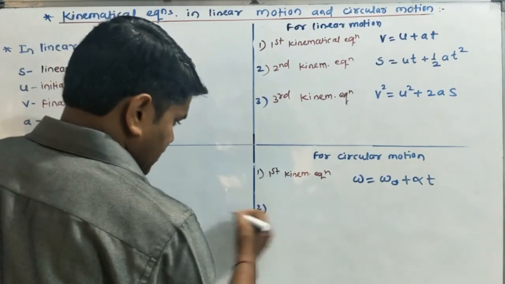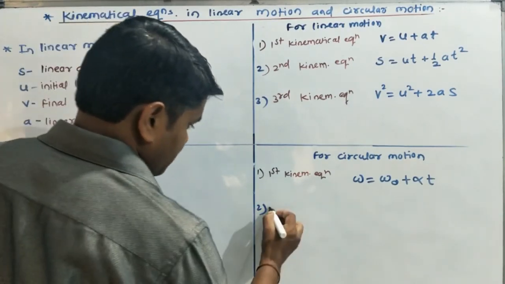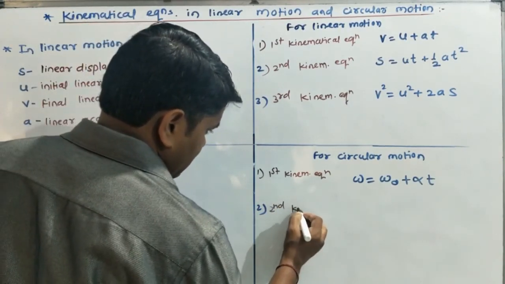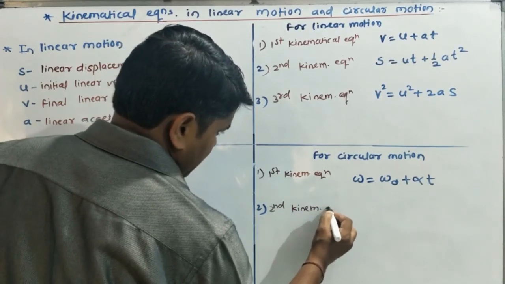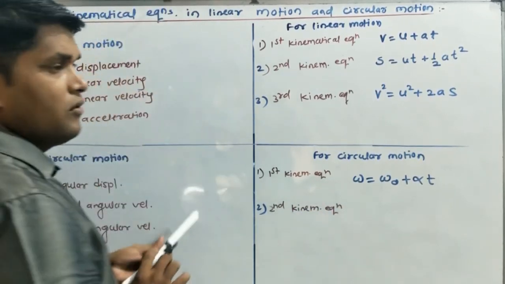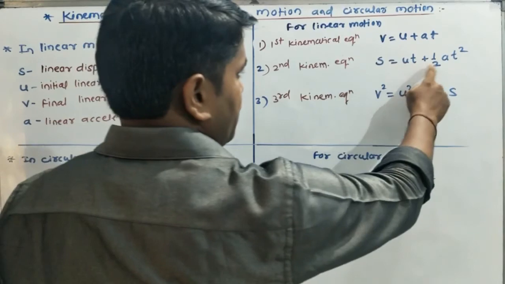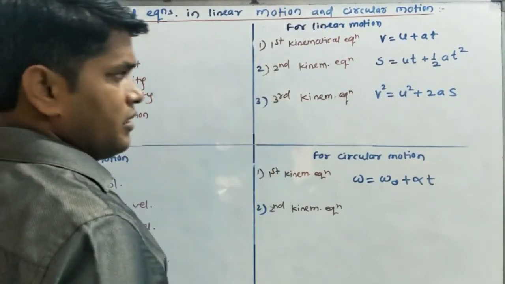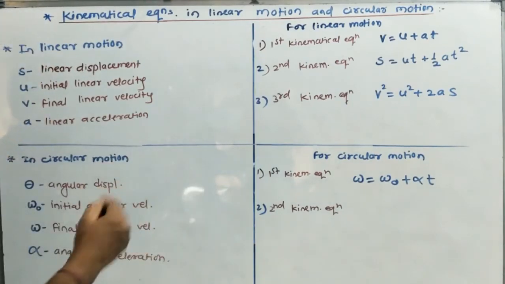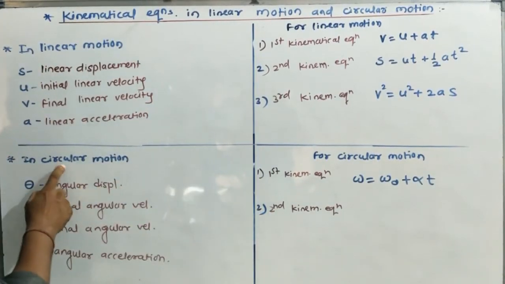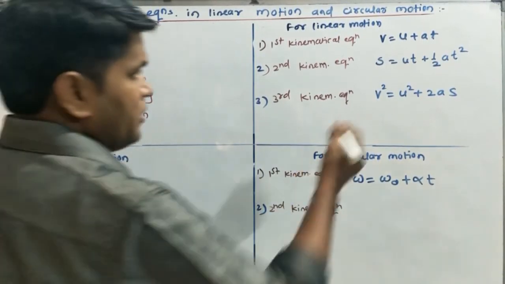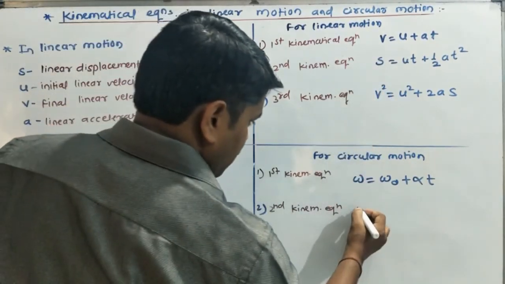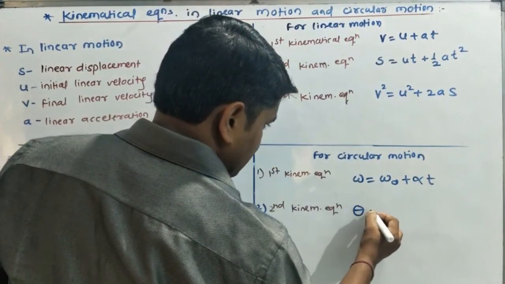Similarly, the second kinematical equation. Here s is equal to ut plus half at square. This is our second kinematical equation for linear motion. So we can write the second kinematical equation for angular or circular motion. Here s means displacement. For circular motion, displacement is what?